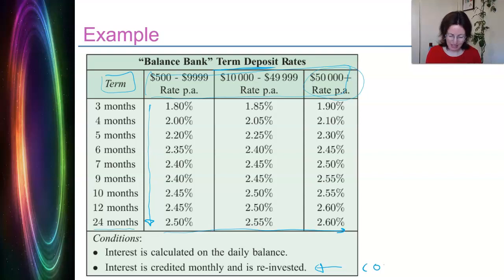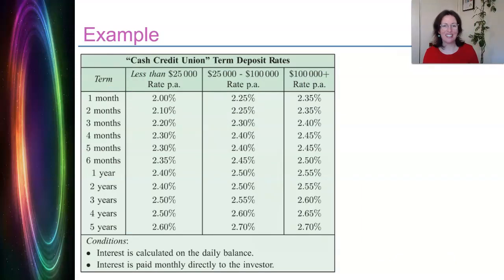Whenever you see those words, that it's reinvested, you need to know that you need to do compound interest on that question. What about simple interest? That's on this one here. Here are the keywords for simple interest: if the interest is paid directly to the investor, so it comes back to you month at a time and is not added onto the principal amount, then that would be simple interest.